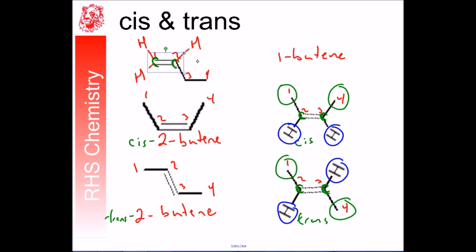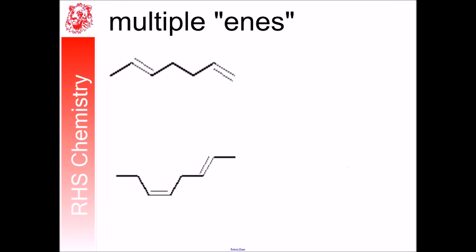There's my hydrogen. So out of this and this, I'm going to pick the smallest this time, and that's the smallest. Then I go over here to this carbon. Out of these two things, which is the smallest? Well, they're identical. They're the same. There is no big or small, and so it's impossible to tell which one is going to be the biggest, which means it's impossible to tell if they're going to be on the same or opposite sides, which means there is no cis and trans for 1-butene.